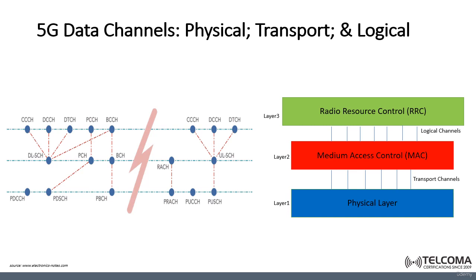If you look back and remember the LTE protocol stack, you can notice from the figure on this slide that there are many similarities between the LTE protocol stack and the 5G new radio protocol stack, because the LTE protocol stack is being taken as a basis for the development of 5G new radio.